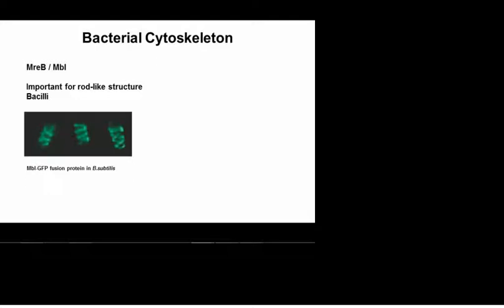So presence or absence of MreB, Mbl, and the structure of the cell wall, these are the two things that determine what you see in microscopy in the gram stain: the basic morphology of the cell, bacilli or cocci, and staining gram positive or gram negative.